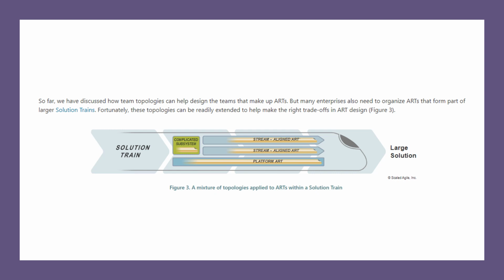Fortunately, these topologies can be readily extended to help make the right trade-offs in ART design. If you look at this picture now, this particular ART, which is part of a solution train, comprises a complicated subsystem ART, two stream-aligned ARTs and one platform ART. So we can plan our ARTs using team topologies as part of having a solution train.